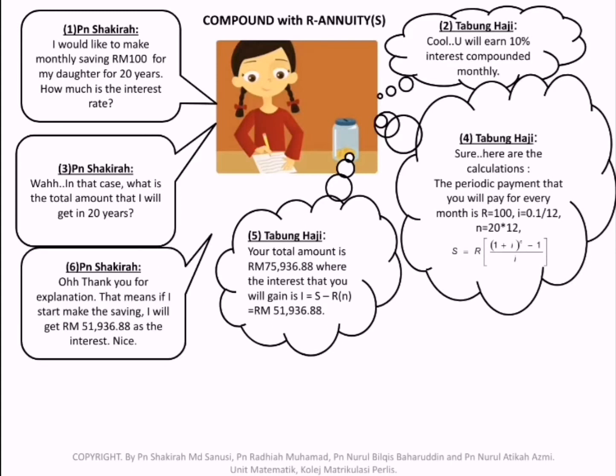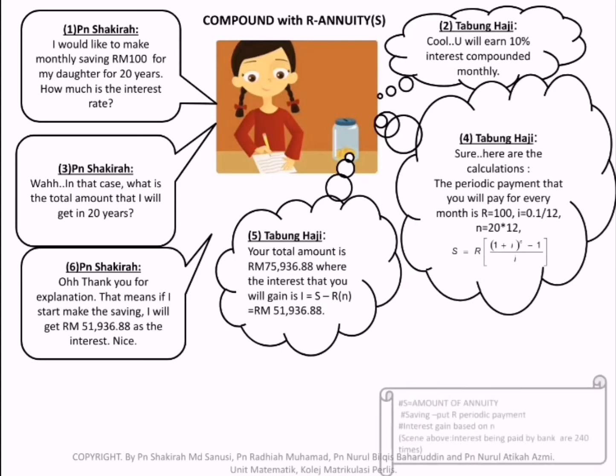Wow, thank you for the explanation. So that means if I make a saving of RM100 starting now for 20 years, basically I get interest of about 51,000. That's cool. Thank you. You're welcome, Miss.